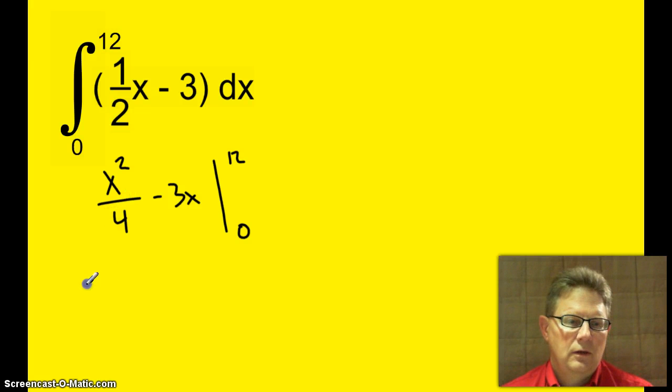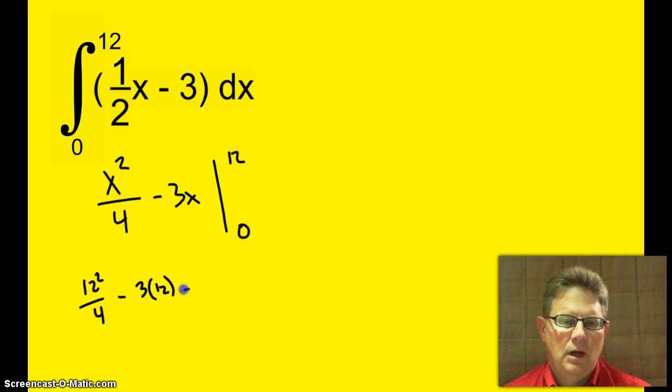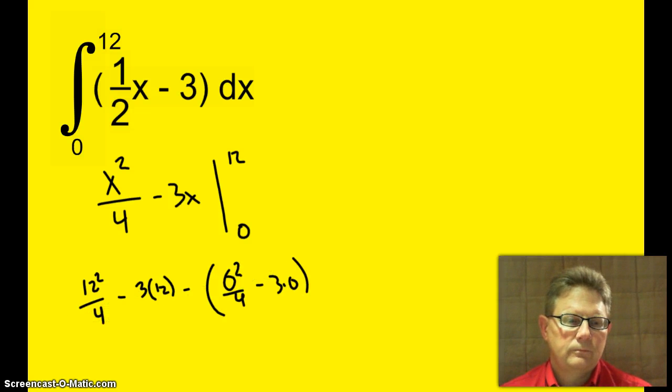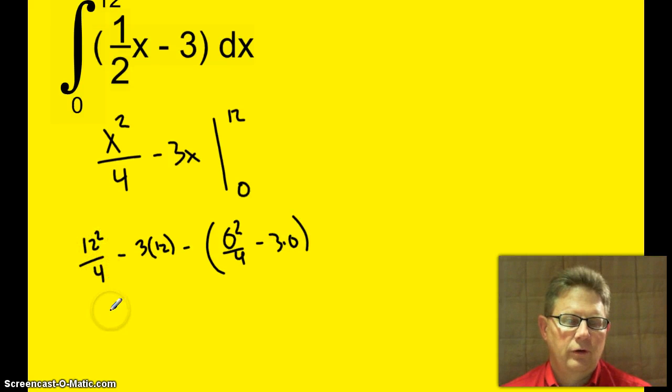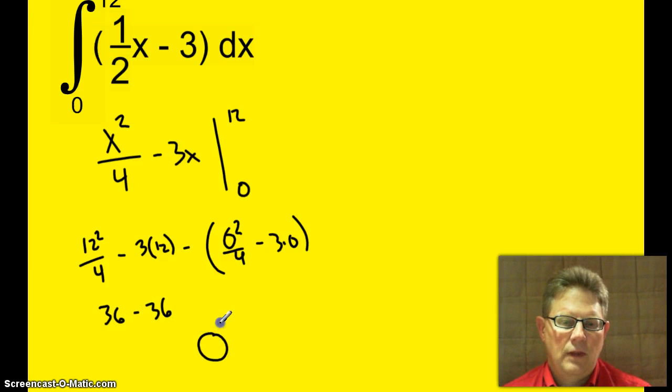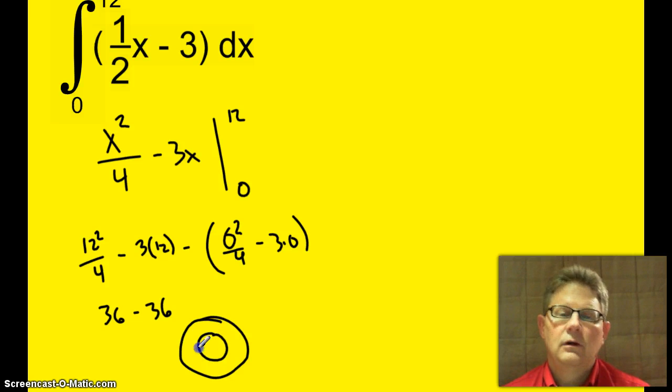Okay, 12 squared over 4 minus 3 times 12, minus 0 squared over 4 minus 3 times 0. 12 squared is 144. 36 minus 36. That definite integral evaluates to 0.